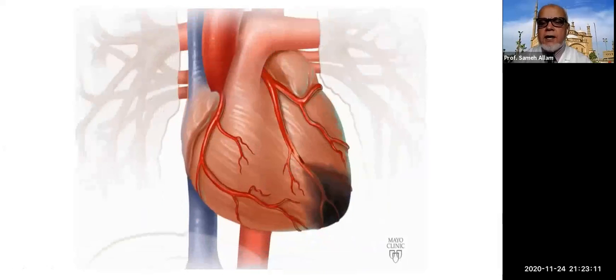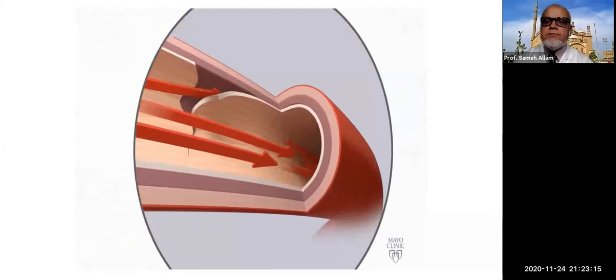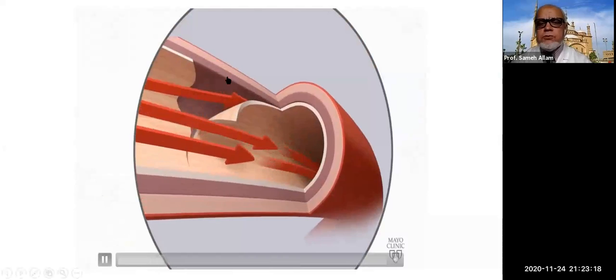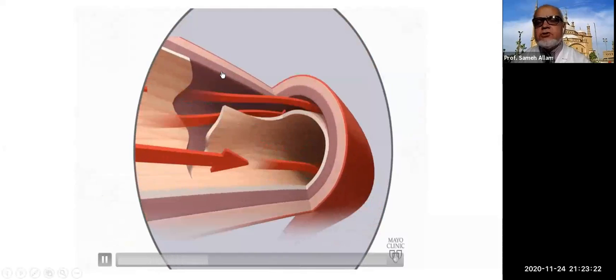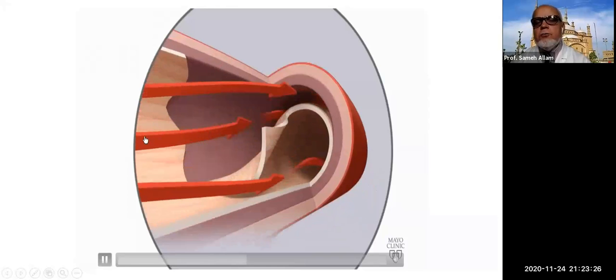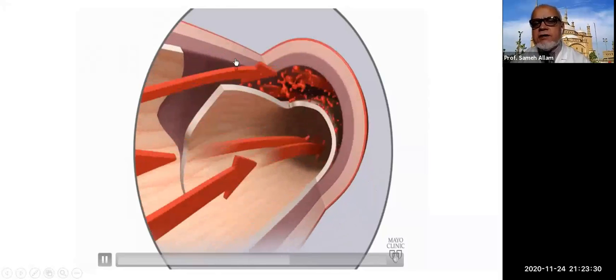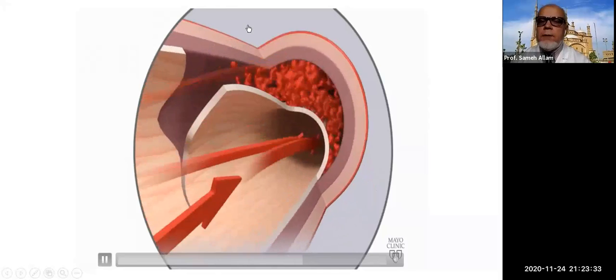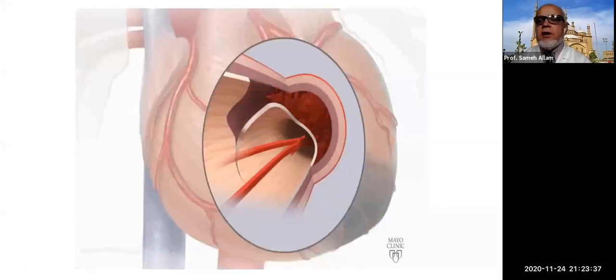This is the dissection. It is not a perforation, because in perforation, which we discussed last week, the whole three layers of the blood vessel wall, intima, media, and adventitia, are injured, and the lumen of the blood vessel reaches outside. The blood gushes outside in perforation into the pericardial space and causes tamponade, or into a chamber or intramyocardial.